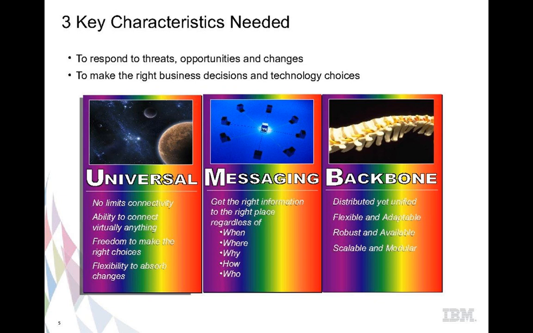So it is flexible, and it offers various options to make it highly available, or to make it scalable, or to keep it flexible and yet adaptable. So these are the characteristics which make MQ to be called the Universal Messaging Backbone.